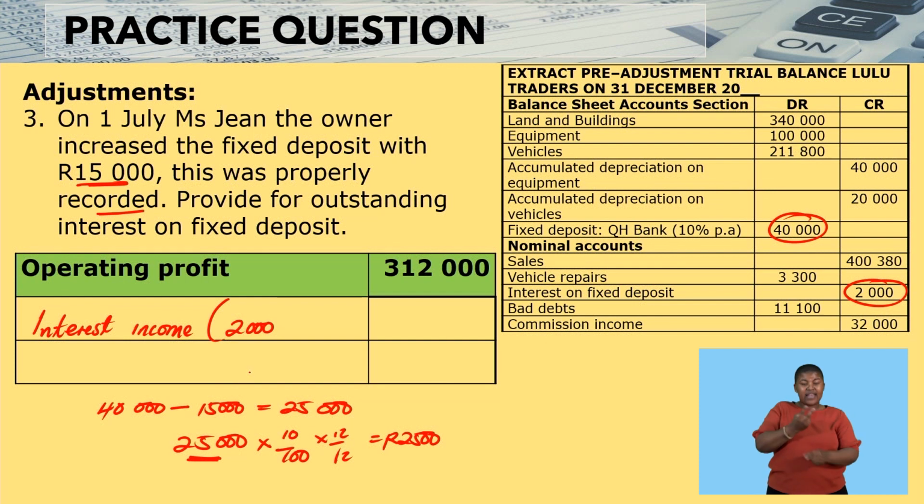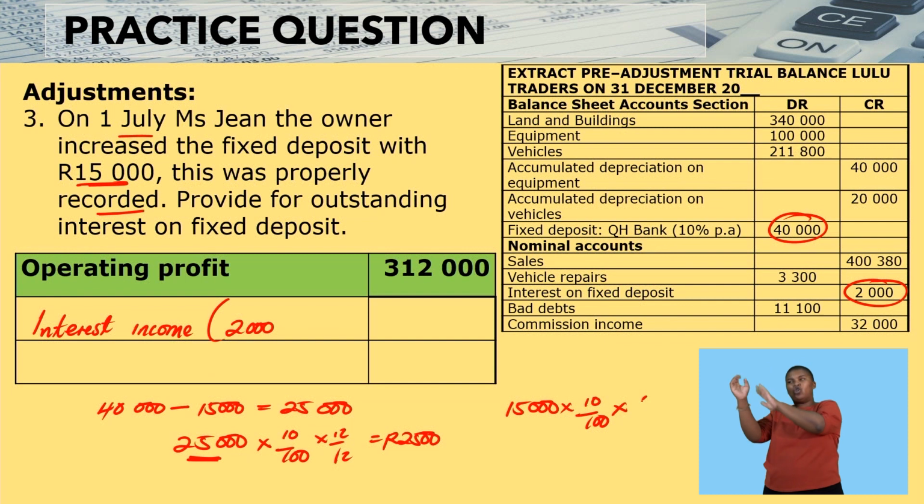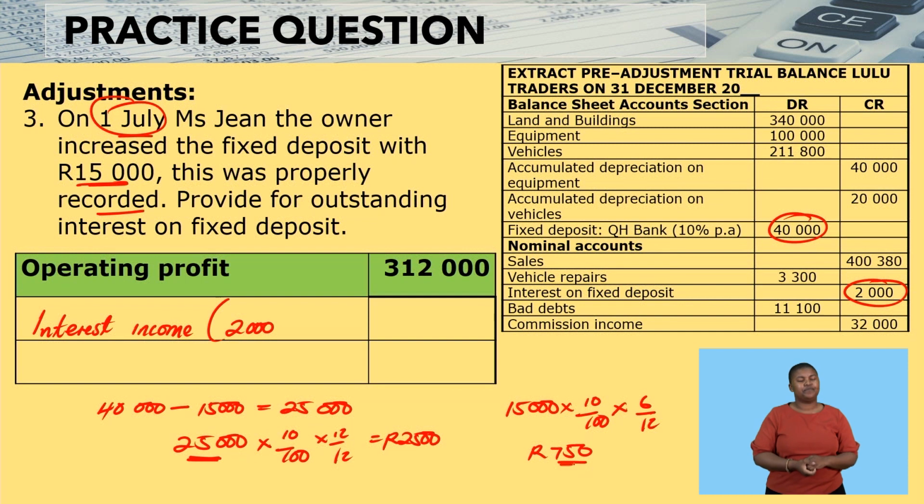Then the 15,000 that was increased on the 1st of July: 15,000 multiplied by 10 over 100 multiplied by 6 over 12. It was increased on the 1st of July, so for 6 months. That gives us 750.